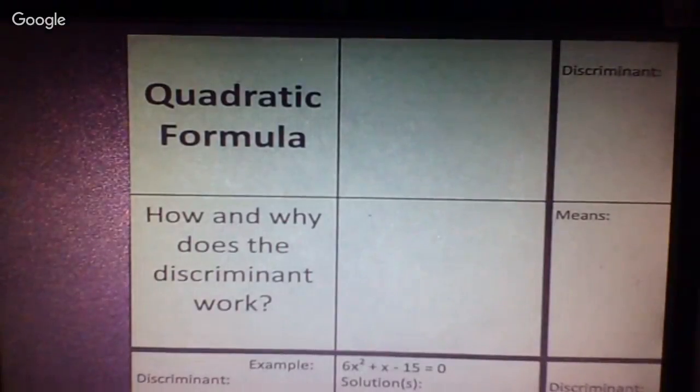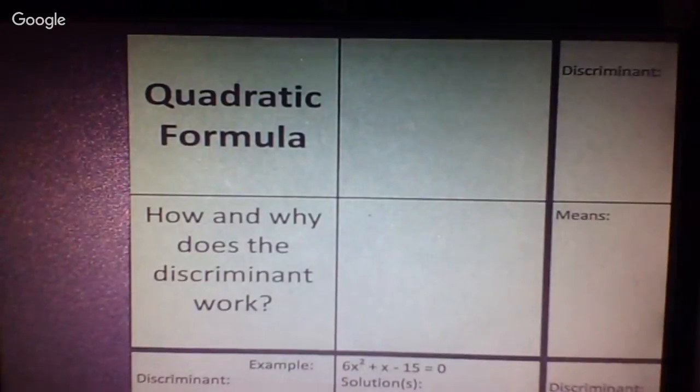So we are getting ready to figure out each and every way that we can solve for x. The first way we finished out in Unit 2A, which was factoring.